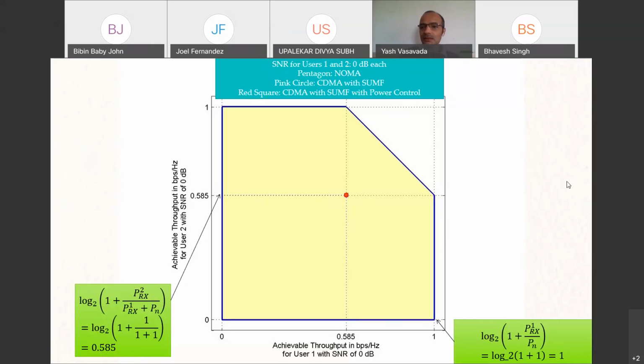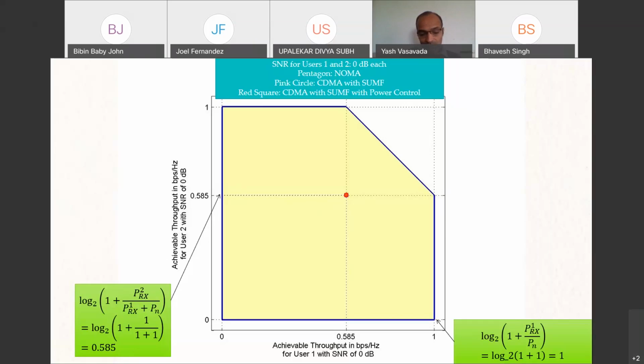Okay, who is next? Joel has spoken, Arushi has spoken. Bhavesh, a question for you. Instead of decoding user 2 first and then user 1 in NOMA, suppose the receiver at the base station, remember this is on the return link, not the forward link, can decide whether to decode user 1 first or user 2 first.